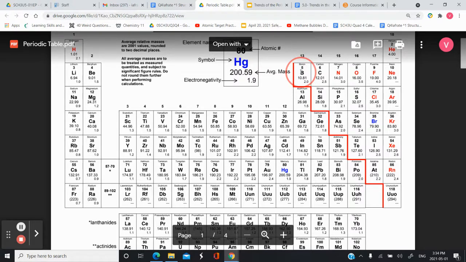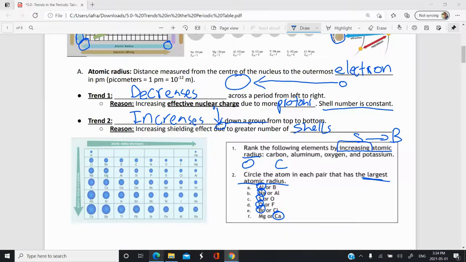But aluminum now is towards the left and also towards the bottom. So aluminum is larger than both oxygen and carbon. It's larger than both of them because it's lower and it's towards the left. So that makes our lives a little bit easier here. So I'm going to put aluminum over here. And I'm not sure if my order is really good yet because it's left to compare my potassium.